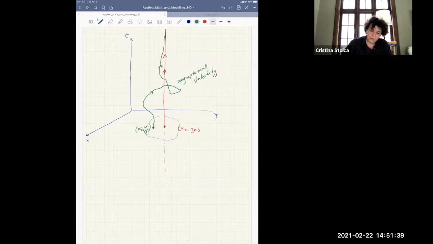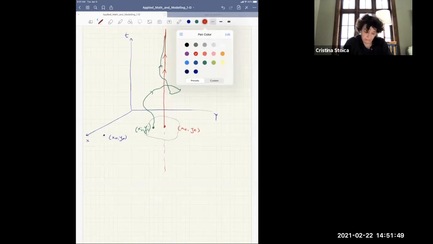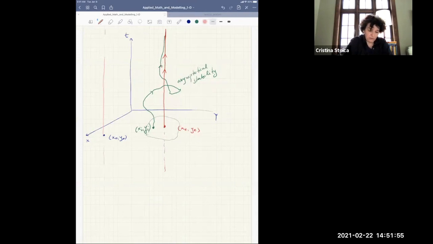Whereas if I talk about the other one, let's say we take that other equilibrium, X naught, Y naught. This is again an equilibrium, so I'll do it in pink. Again, it doesn't move from its position.